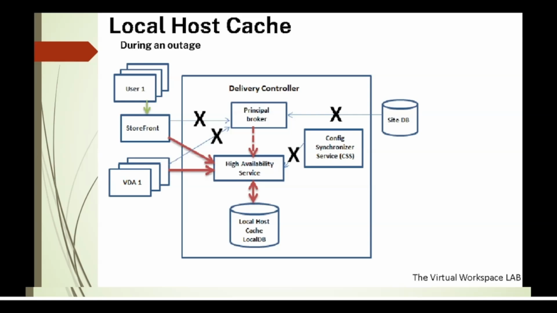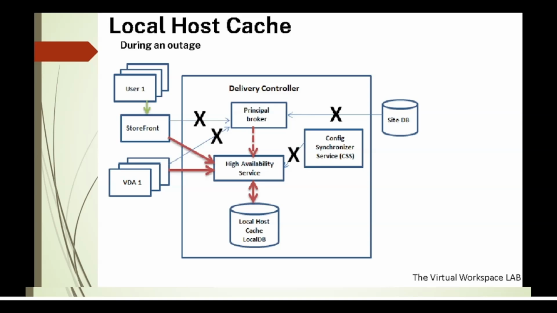After that, the Citrix broker service stops communicating with the site database, and the Citrix broker service instructs the high availability service to take over and start processing and taking new connection requests from the StoreFront server.